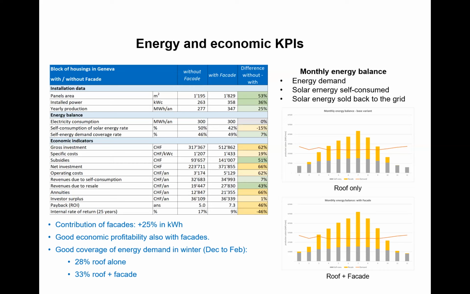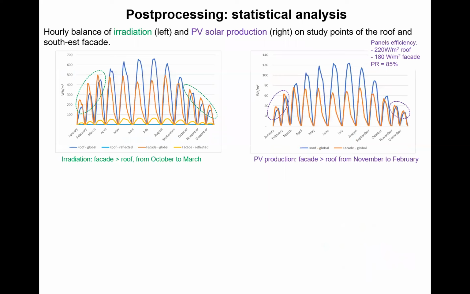There is globally, with roof and facade, good coverage of energy demands during the winter period, which is the most critical period, as you can guess. Here, there's the monthly balance between the demands, the self-consumed energy, and the energy sold back to the grid. Here we can have a finer analysis at hourly scale.